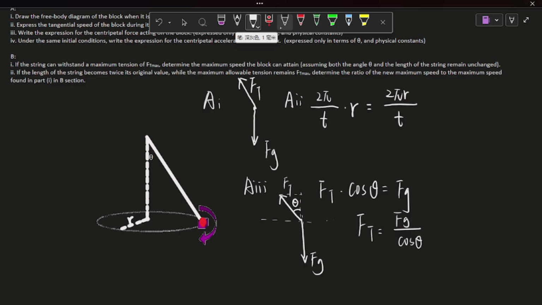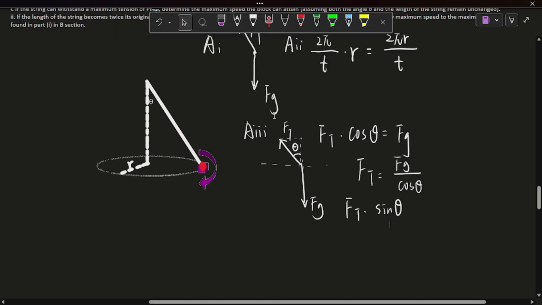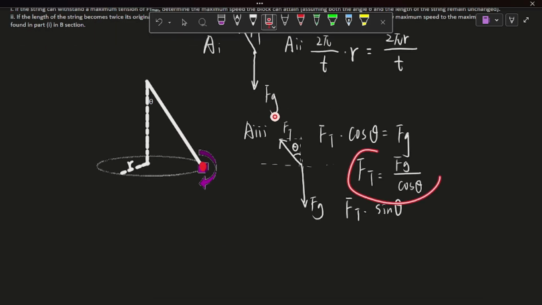What is this component? Obviously, it's just Ft times sine theta. But over here we cannot use Ft, because Ft is just a value that we gave it when we were doing the analysis. What is Ft? Fg over cosine theta. So we plug Ft equals Fg over cosine theta into Ft times sine theta.